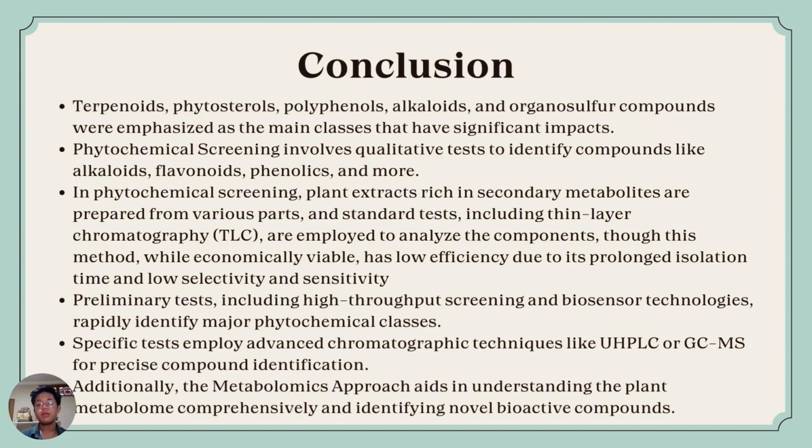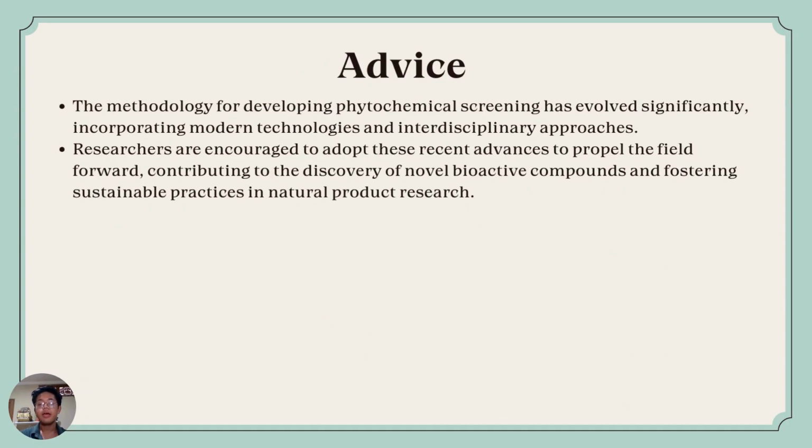Specific tests employ advanced chromatography techniques like GC-MS, or gas chromatography mass spectrometry, for precise compound identification. In conclusion, the methodology of developing phytochemical screening has evolved significantly, incorporating modern technology in an interdisciplinary approach.